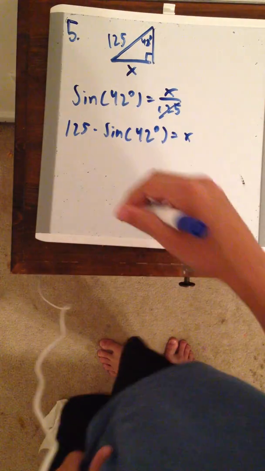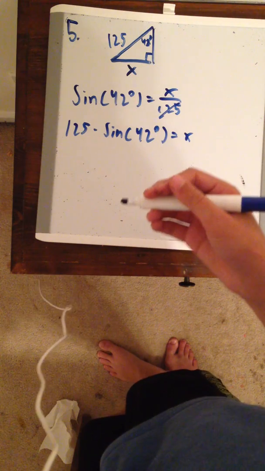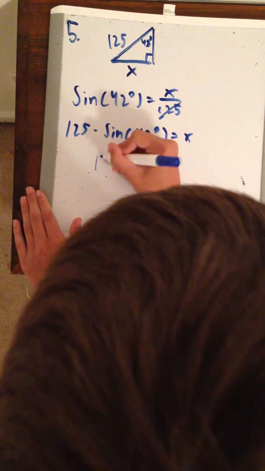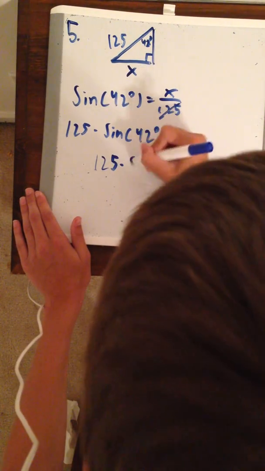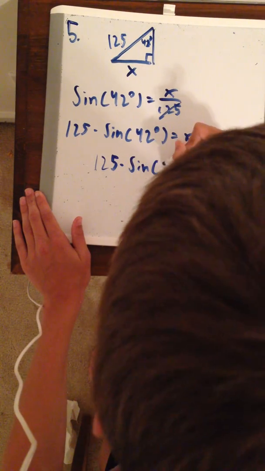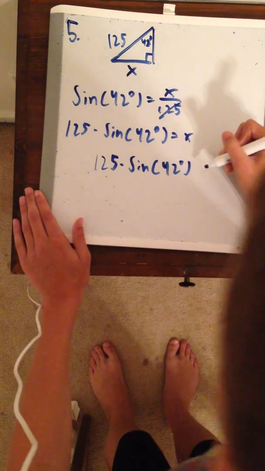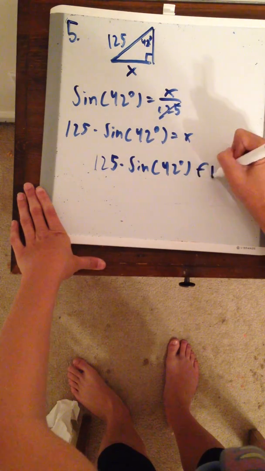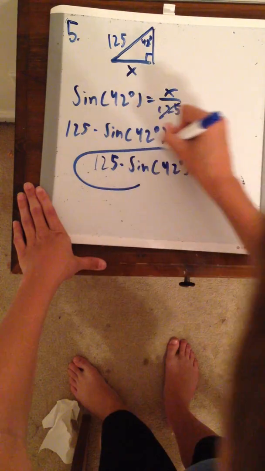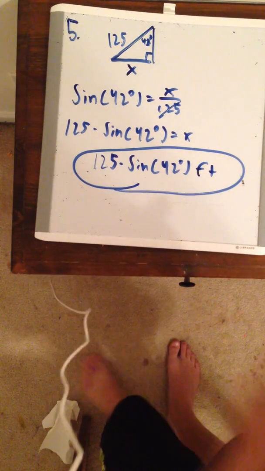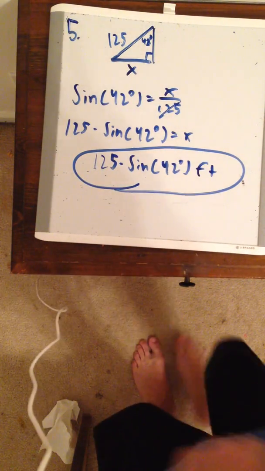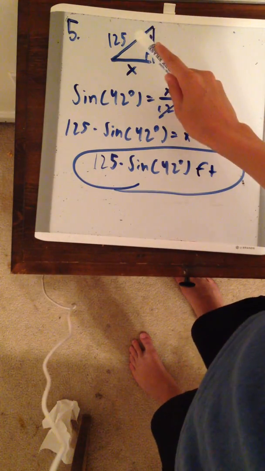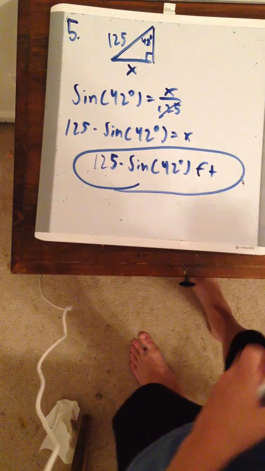And remember, you don't need to go any further because you don't want approximate answers. So we can just go 125 times sine of 42 degrees. And that will be in feet because the other one's in feet. And that is the max distance the two buildings can be apart when you're using the max angle of decline, which is 42 degrees, as they said in the problem.